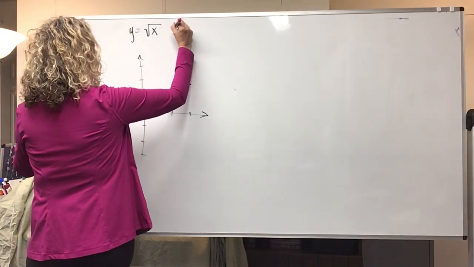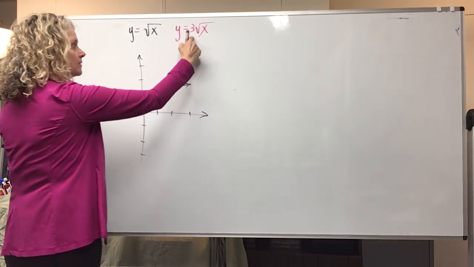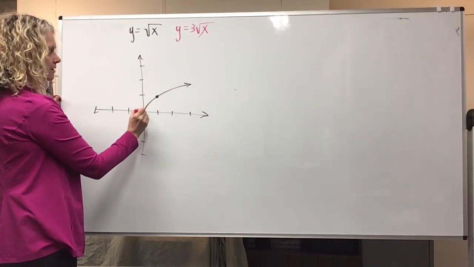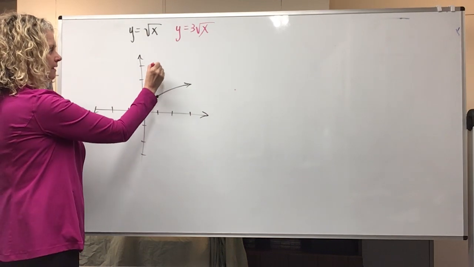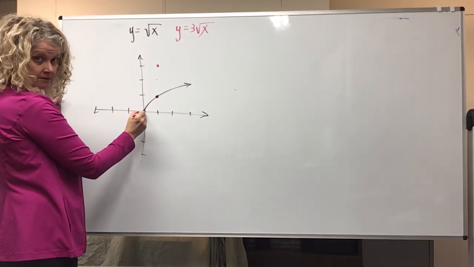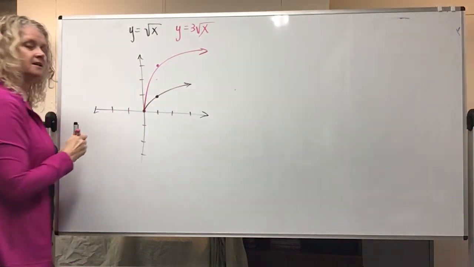Why don't we make this 3 times as steep? So instead of going right 1, up 1, you're going to go right 1, up 3. Notice 0 times 3 is 0, so the start point doesn't move.